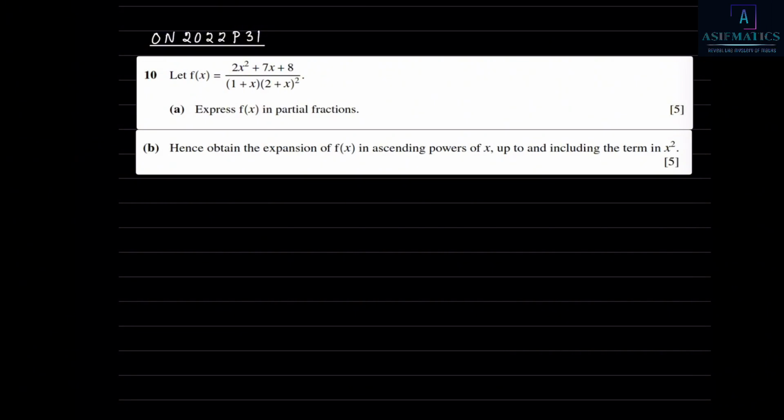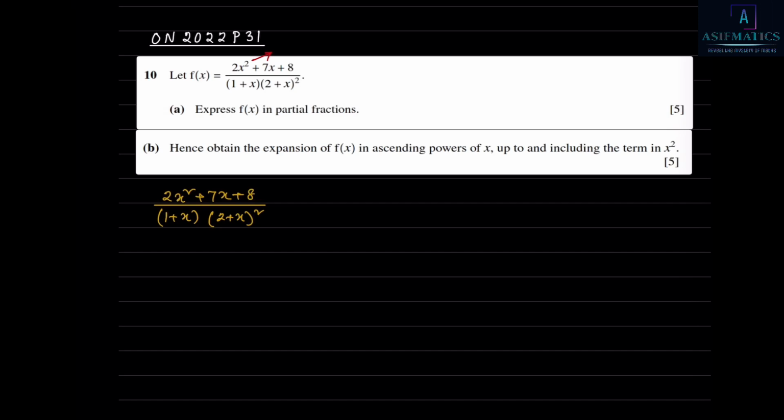Already you know how to do the partial fraction. So here we have the partial fraction case, that is we have 2x squared plus 7x plus 8, and then we will have (1 plus x)(2 plus x) squared. As partial fraction we need to first check whether it is proper or improper.